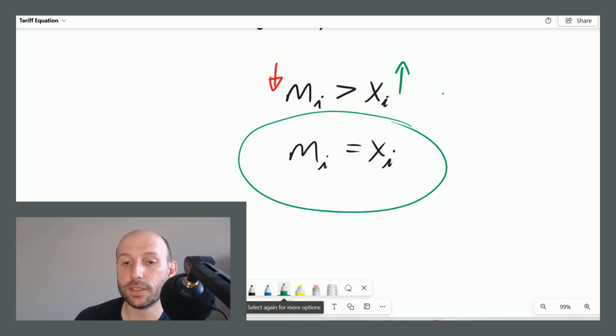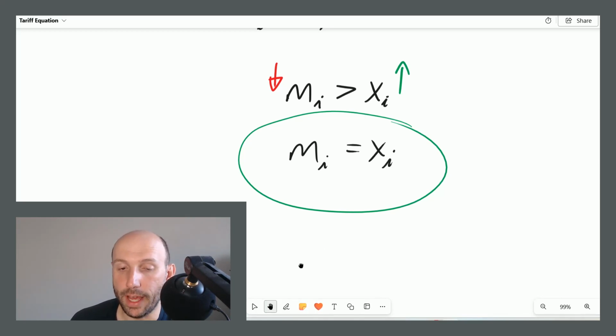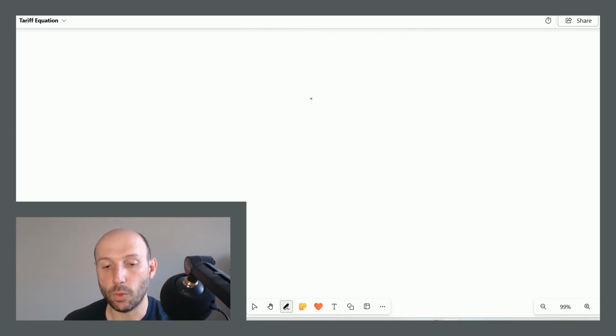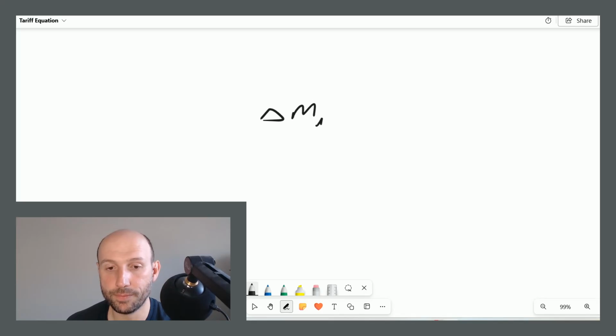All right, so the question then is, which tariff rate would be needed to bring down M enough to create that balance? And to answer that, we have to say, well, how much does M have to be brought down? Well, the change in M, delta M, would have to be equal to Xi minus Mi.